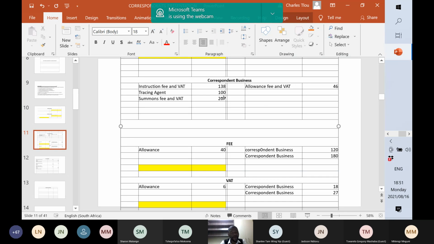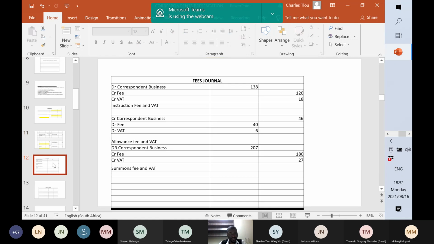And we said every fee that you raise, you must give an allowance. That means as soon as you have raised that fee of 180, now you must record an allowance. And therefore, as I said, you need to start here in your journals. And then you say the direct opposite.